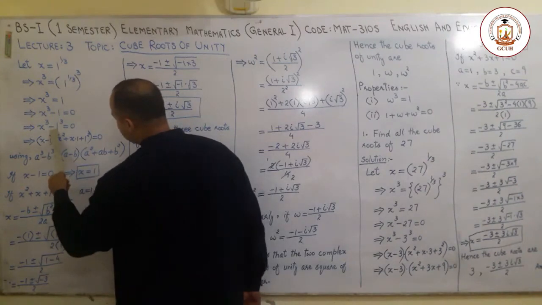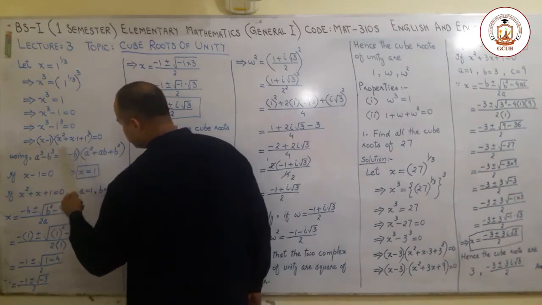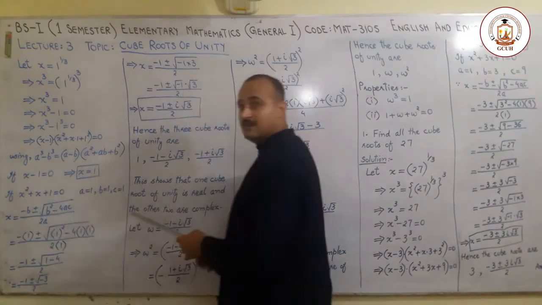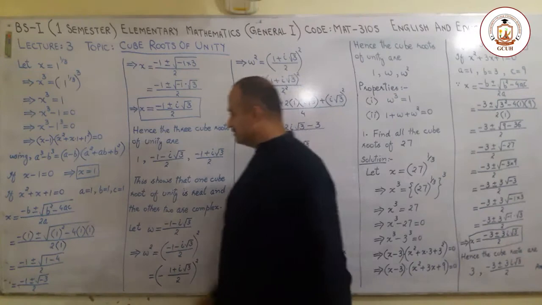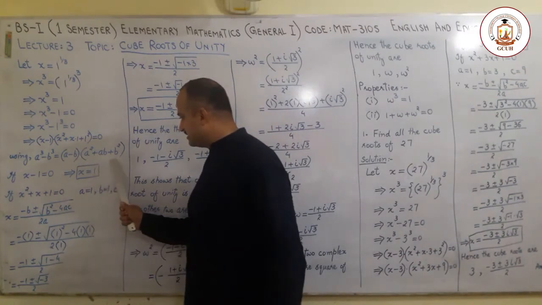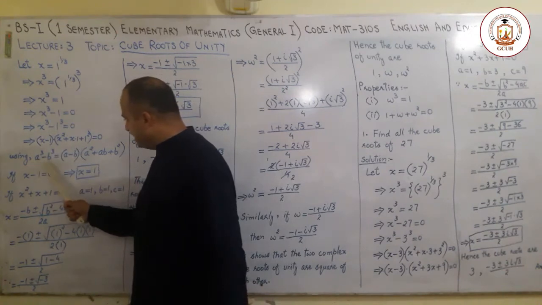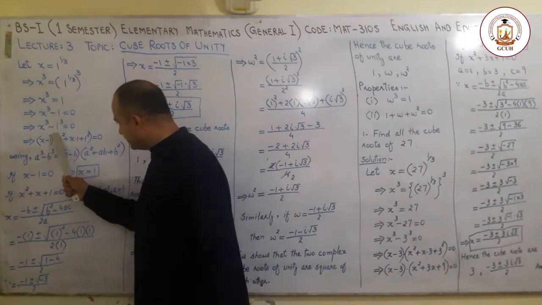So this gives two factors using this formula: a cube minus b cube is equal to a minus b into a square plus ab plus b square. So here, instead of a and b we have x and 1.